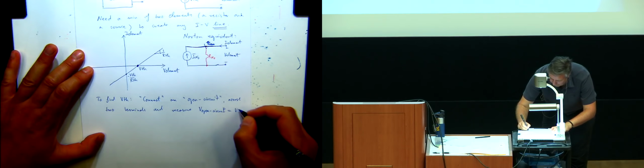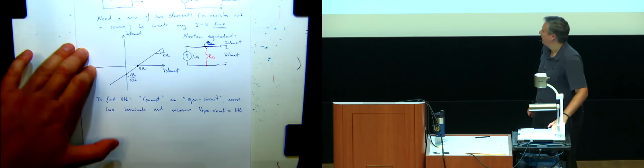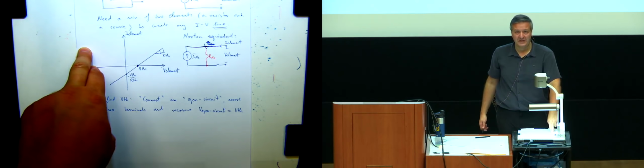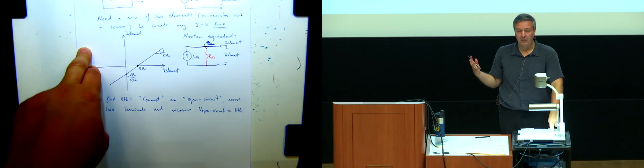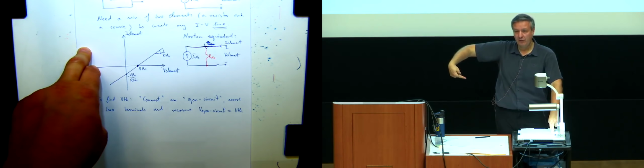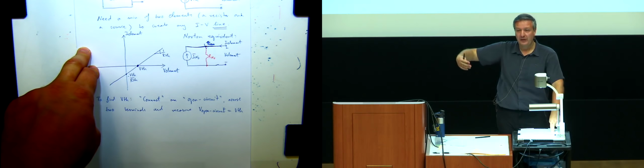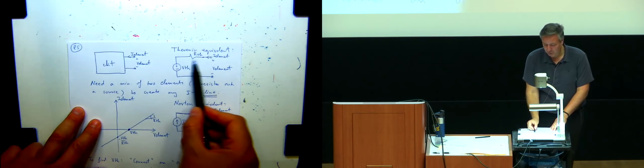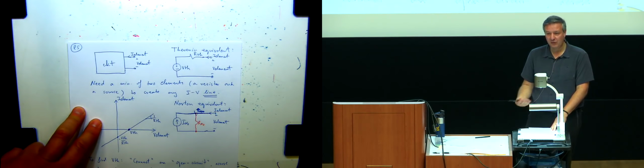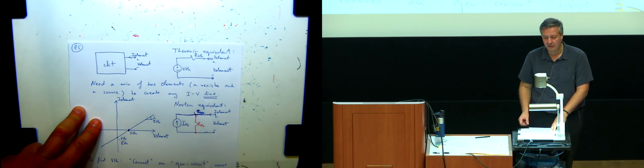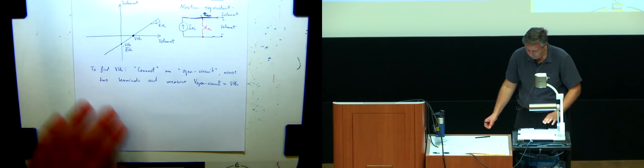And that will be our V Thevenin. Does that make sense? We just don't want to let any current go through that measurement, because then there will be some voltage drop on this R Thevenin equivalent, so we're not reading out the V Thevenin. Okay.